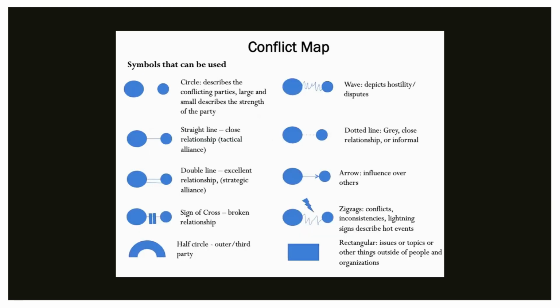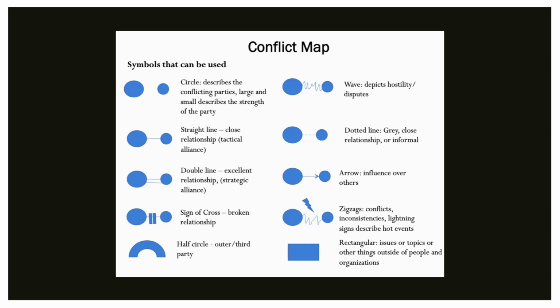Like the circle describes the conflicting party, large or small. It is the strength of the party. If we see a big circle, it means the strong power of this conflicting party, of this group.